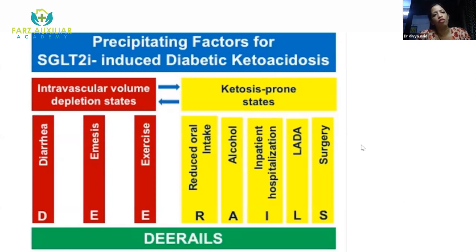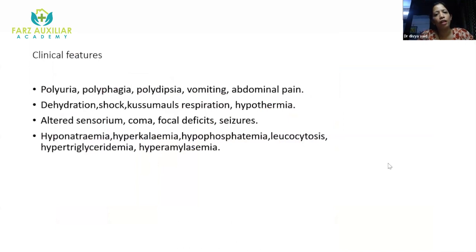SGLT2 agents, which have been newly used for treating diabetes, can make certain cases more ketosis prone, especially if the oral intake is less, or with alcohol consumption, any surgery, or any other drug intake, which can precipitate a DKA. So patients present with polyuria, polyphagia, polydipsia, vomiting, abdominal pain.